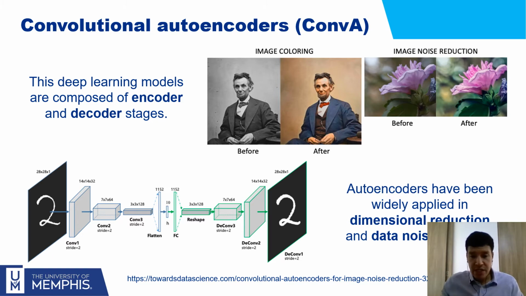By doing this, the information of the input image is processed by diminishing its dimensionality in the first step, that is in the encoding stage, and increasing its dimensionality again in the decoding part. So convolutional autoencoders have been widely used to restore images.